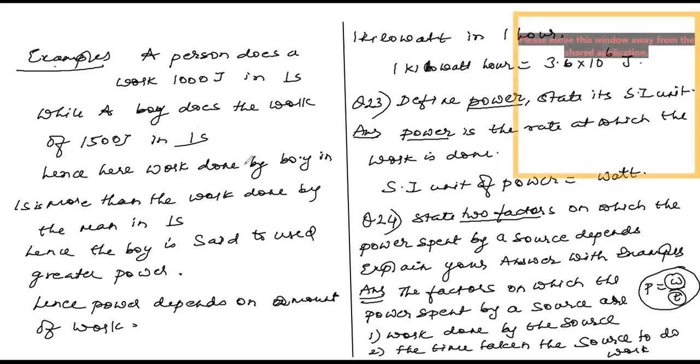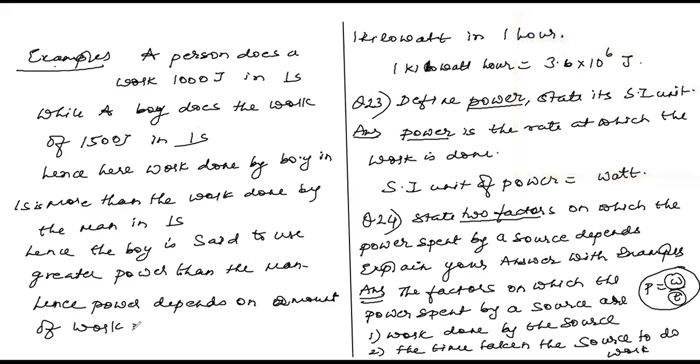Hence, the work done by the boy in 1 second is more than the work done by the man in 1 second. Hence, the boy is said to use greater power than the man. Hence, power depends on the amount of work done.